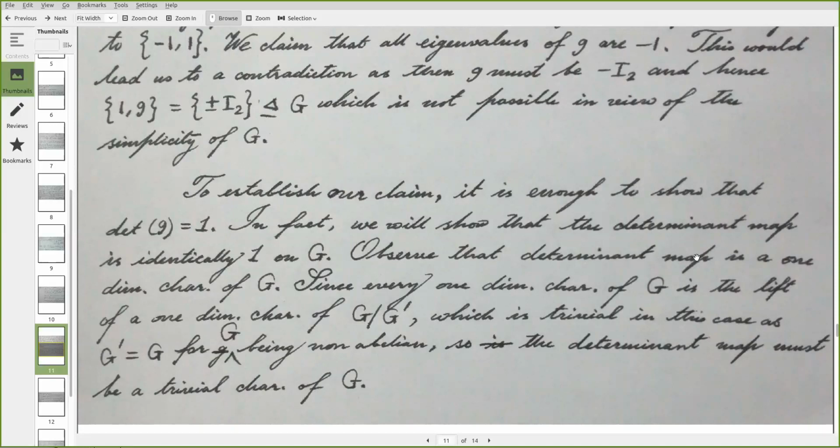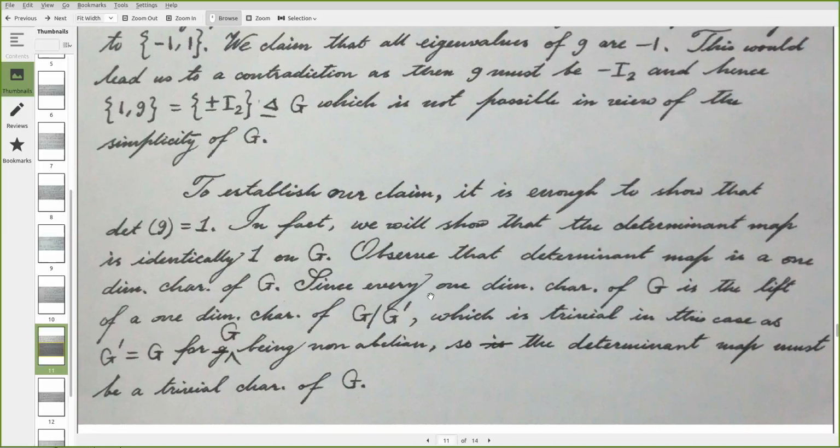Now recall that any one-dimensional character of G is actually the lift of a one-dimensional character of G modulo G prime. Again let me recall, this is what was given in maybe assignment 7.